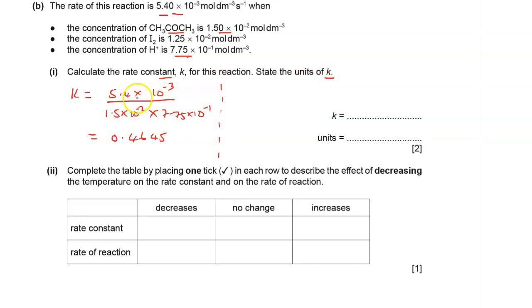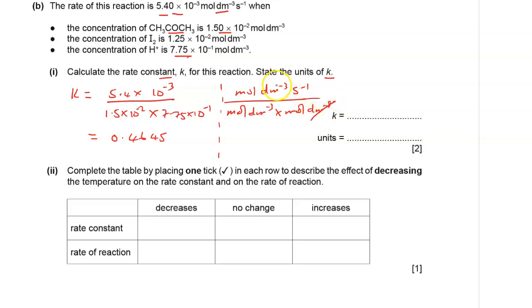To get the units for k, the rate units are moles per liter per second, and the units for the concentrations, which are first order, are moles per dm cubed times moles per dm cubed.